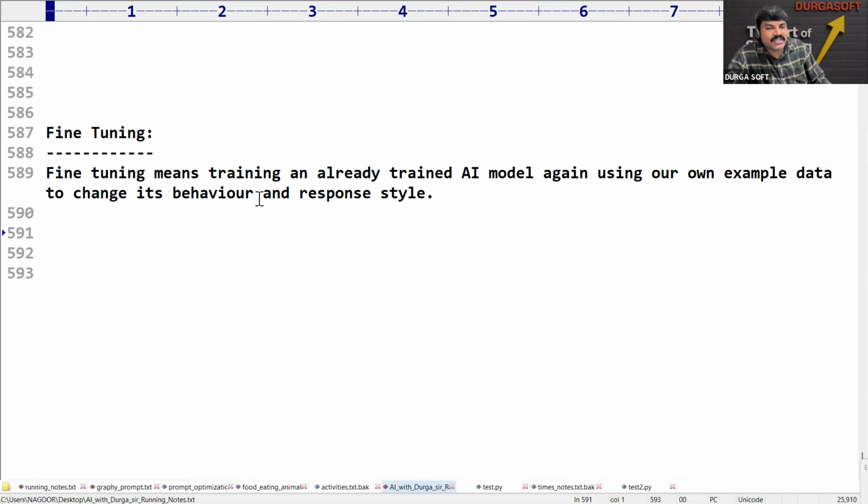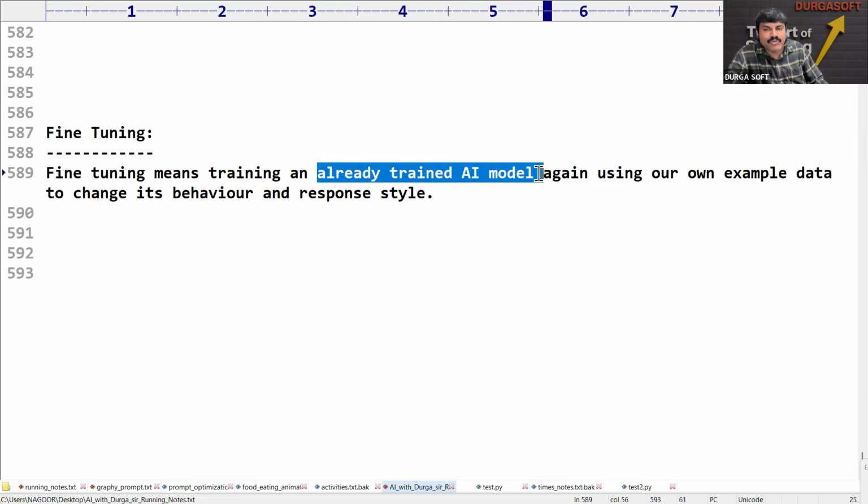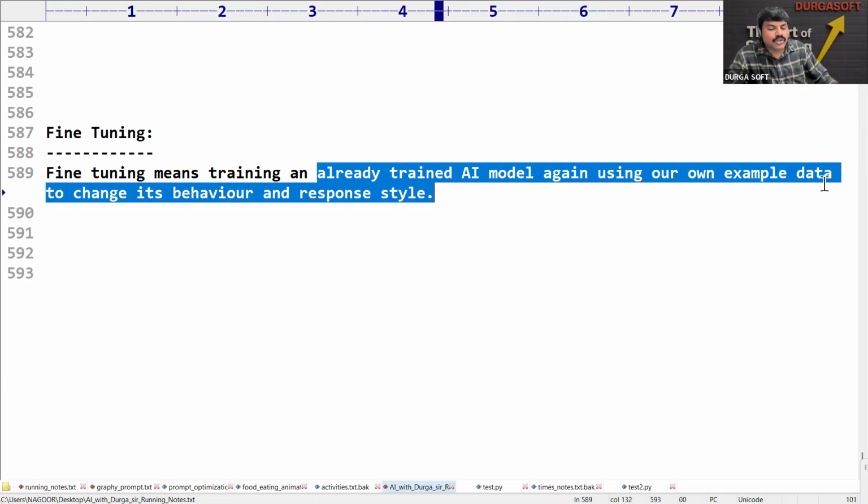Observe, fine tuning means training an already trained AI model, again using our own example data to change its behavior under response style. Remember this one.